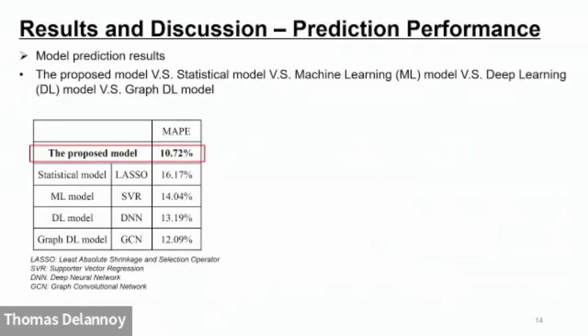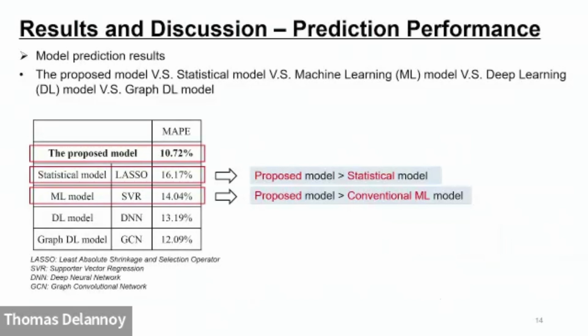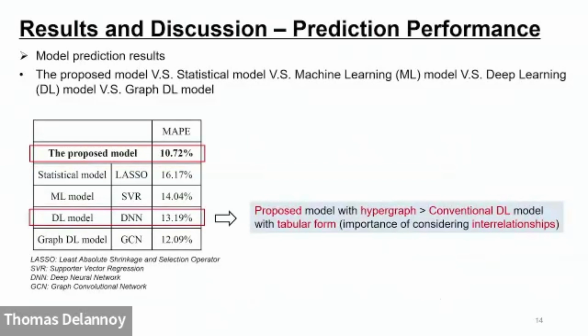This is the model prediction results. We compare our model with other common methods in existing studies. Here we can see the proposed method is better than ANN and SVR. This means we are better than traditional statistical and machine learning models. It's also better than the common deep learning model with the tabular input form.